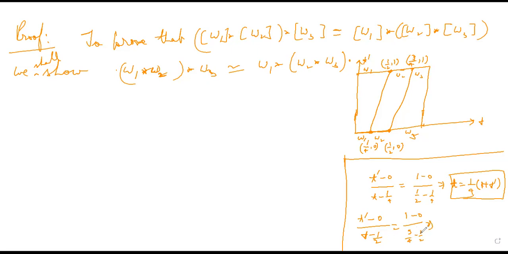This is basically again 1 upon 4, so 4, and then you have t equal to 1 upon 2 plus t prime upon 4. So let me just fix it like this.